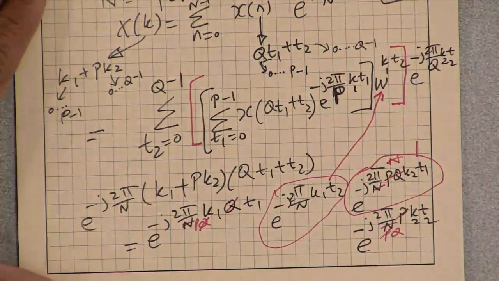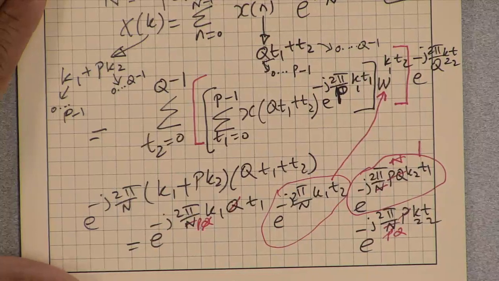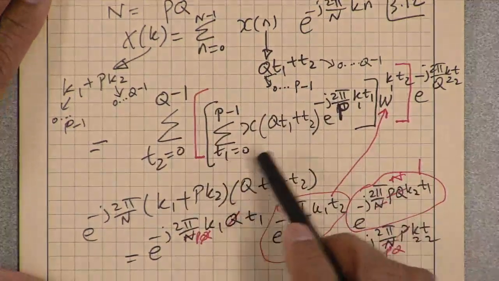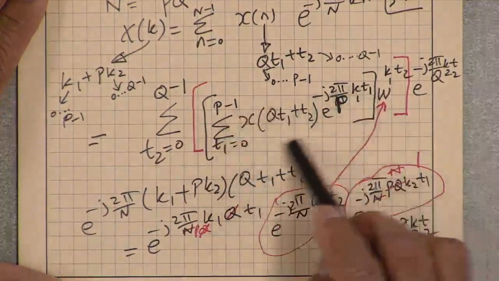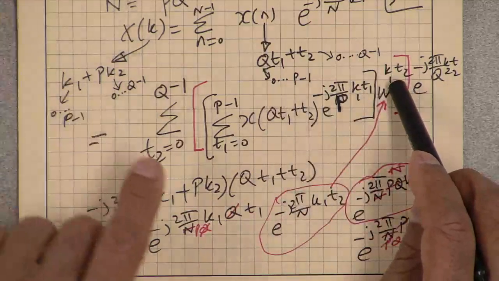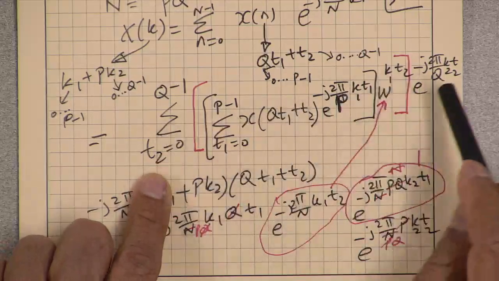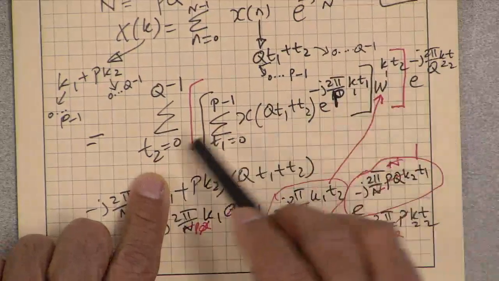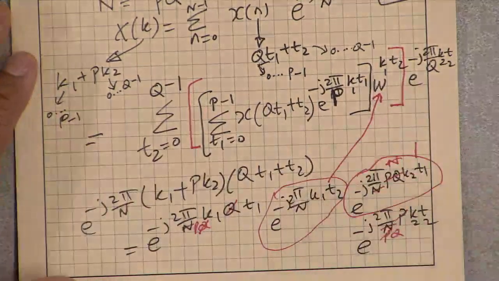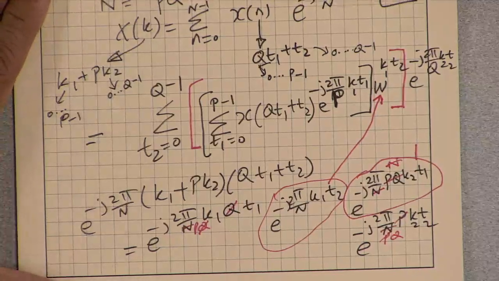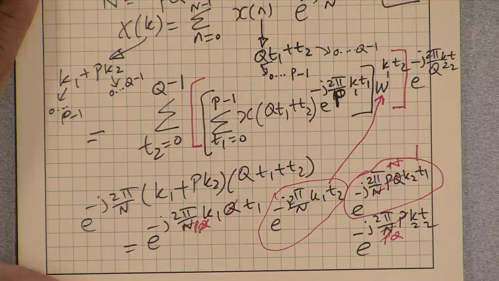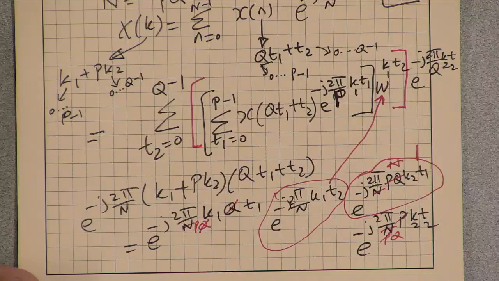Okay, so that's the more mathematically formal way of describing the decomposition of a P times Q point DFT, using Q P point DFTs multiplied by the twiddles, and then P Q point DFTs, there will be P of these. So finally we will get the final result K1 plus P times K2.